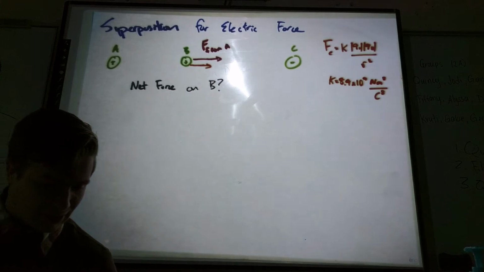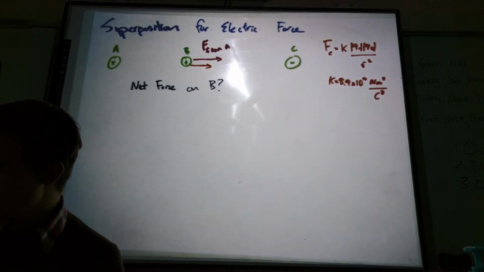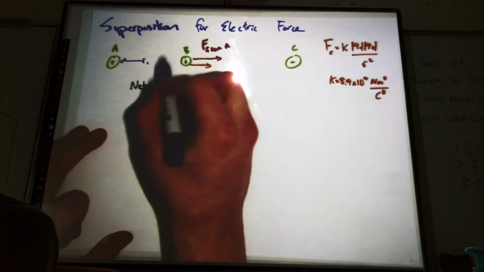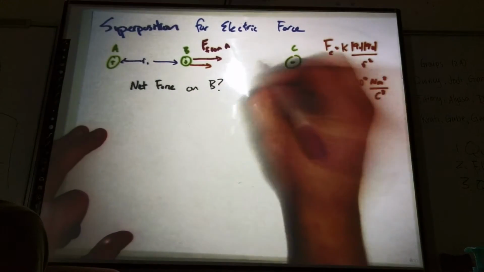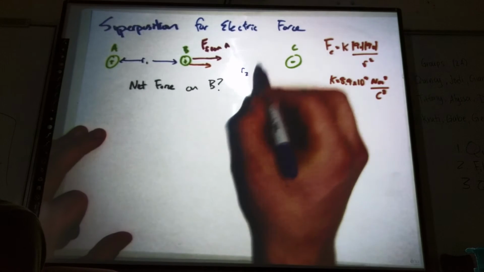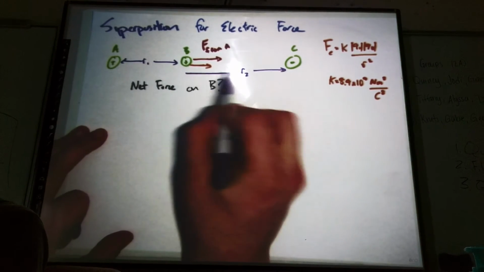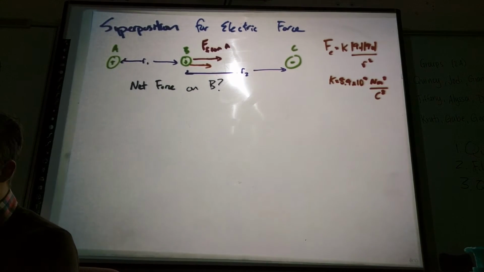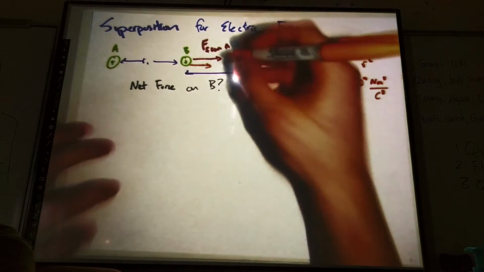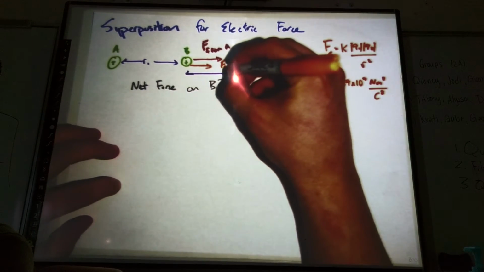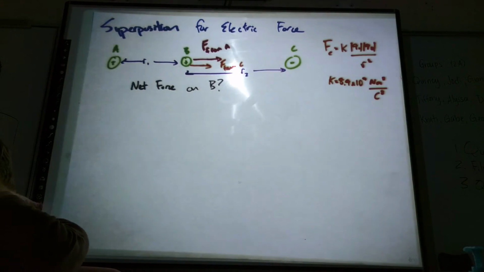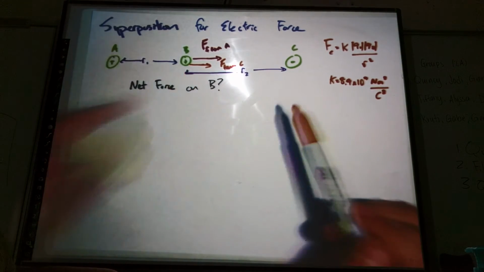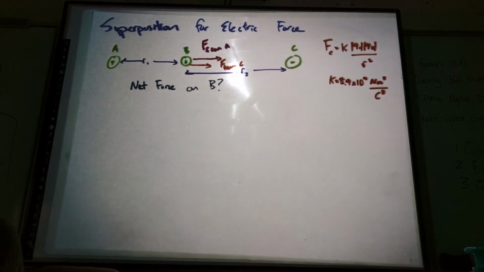So let me label some more things. Let's label this R1, the distance from here to here, and this will be R2, the distance from C to B. Okay. So that orange line must be the force from C. So both of these forces are acting on particle B. I need to add them up in order to figure out the net force.